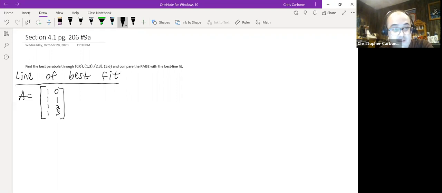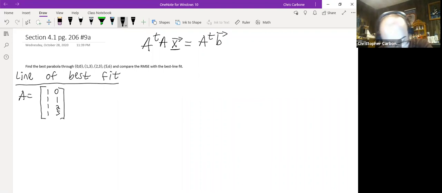In order to find this line of best fit, and the cubic polynomial, or any polynomial for that matter, the equation that we need to solve is A transpose A times our solution vector x is supposed to be equal to the matrix A transposed times the vector B. And we are trying to solve for this x here.